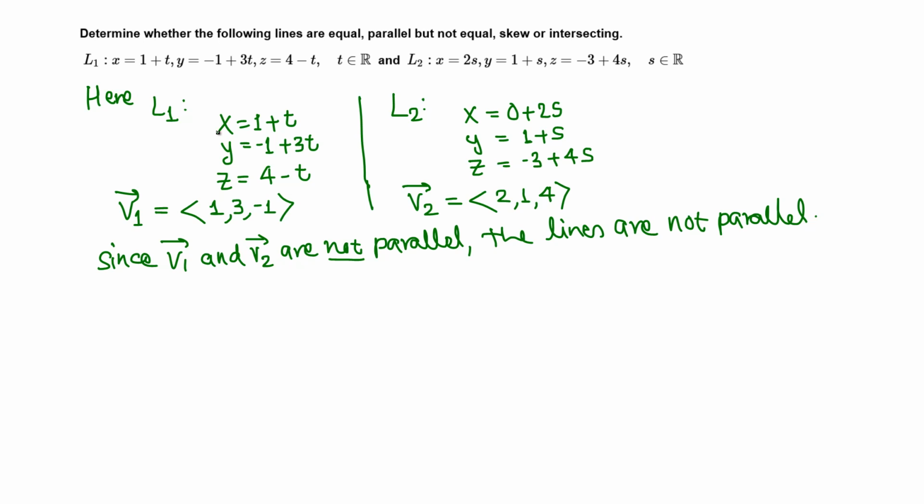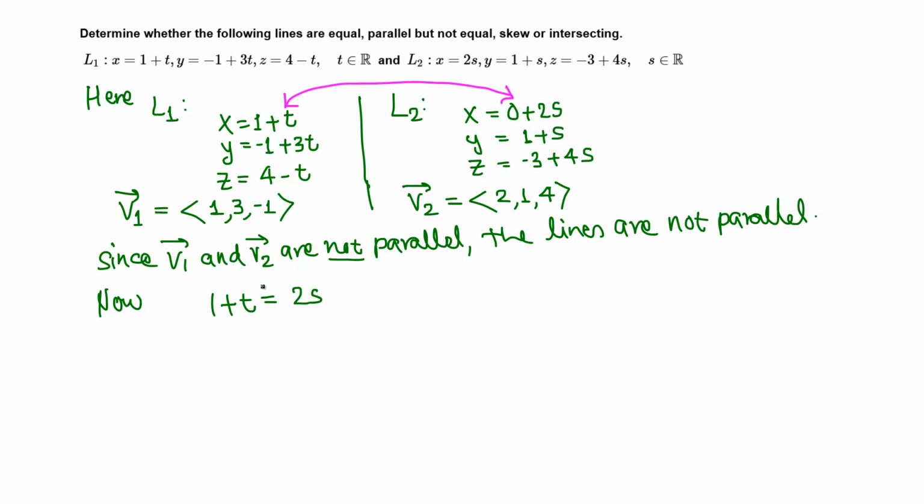Look at the first: x equals 1 plus t, here 1 plus s. Now set them equal because x equals x, so 1 plus t equals 0 plus 2s.